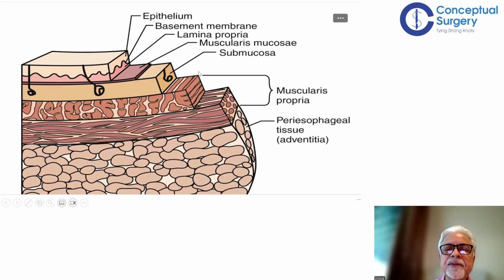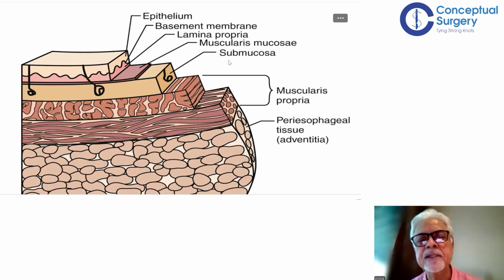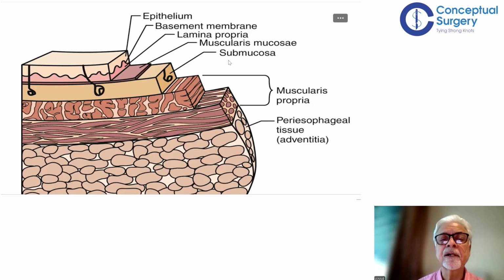All these layers are so well identified on the endoscopic ultrasound. And that's why endoscopic ultrasound is now becoming a standard of evaluating the esophageal lesions in a big way. In setups where endoscopic ultrasound is available, this helps us identify the site of origin of the lesion, and also if it's an infiltrative lesion, to find out how deeply it is infiltrating.